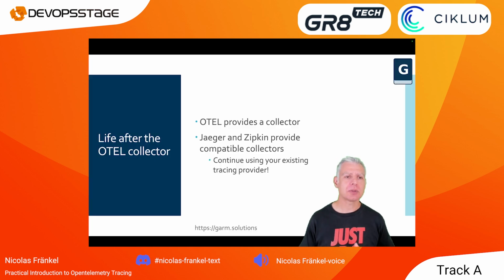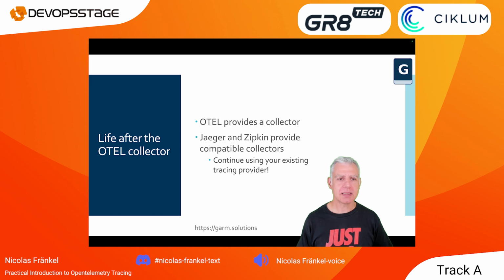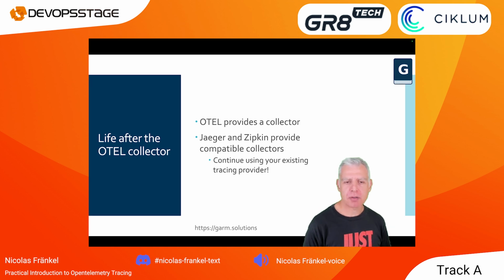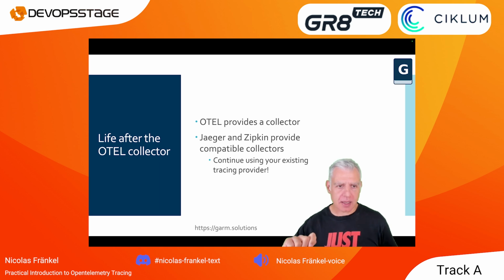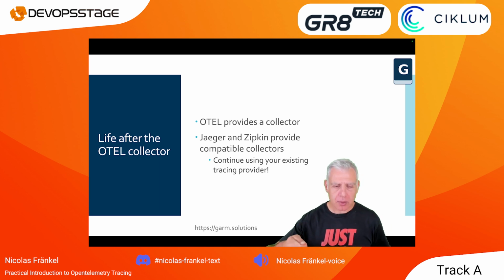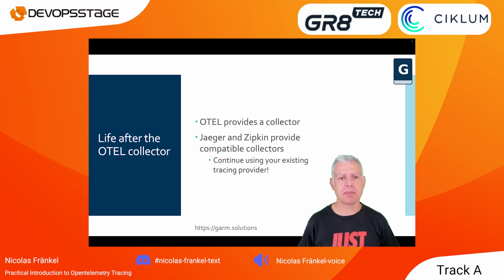And this is actually what happens: Jaeger and Zipkin, our legacy distributed tracing providers, are compatible with OpenTelemetry. Basically, if you have any one of them already inside your information system, then you can activate the OpenTelemetry port and start sending them OpenTelemetry data in the OpenTelemetry format, and nothing will change.